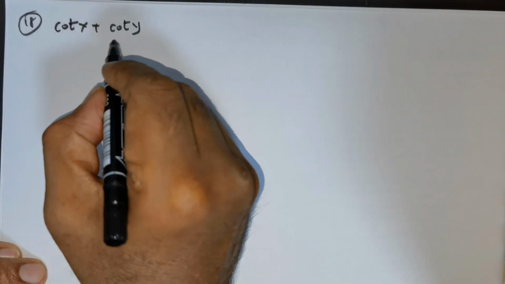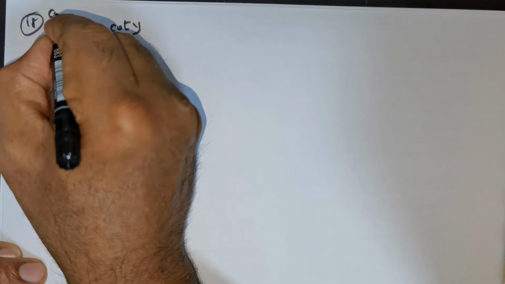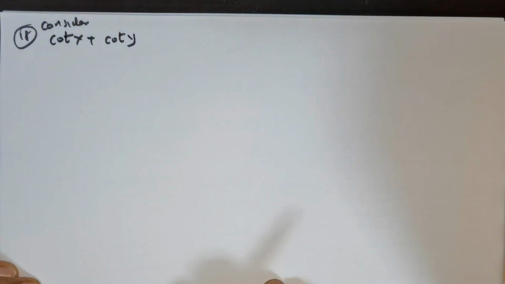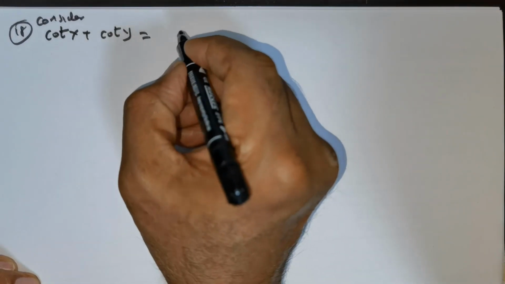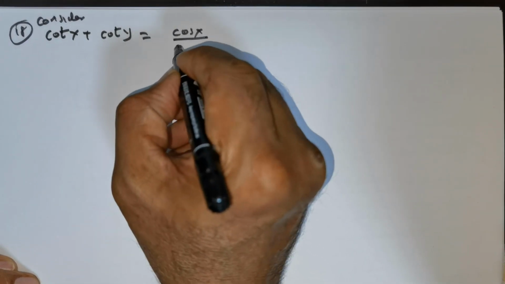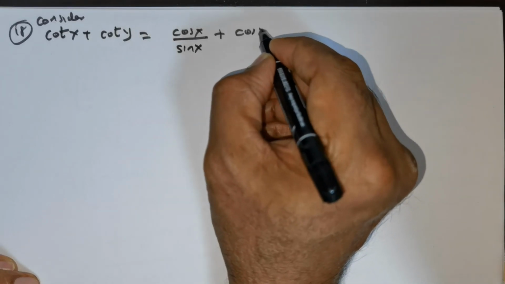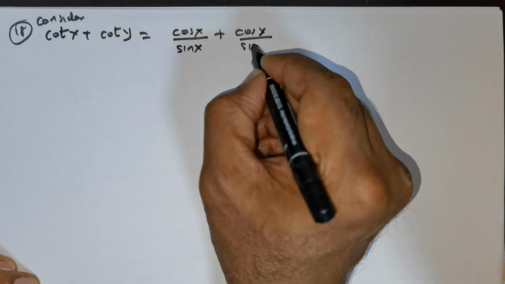Now we have cot x plus cot y. So let me start off the evaluation process by using the word consider. Now cot x is nothing but cos x over sin x, and cot y is nothing but cos y over sin y.